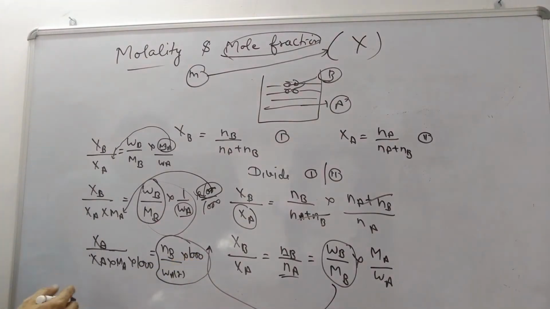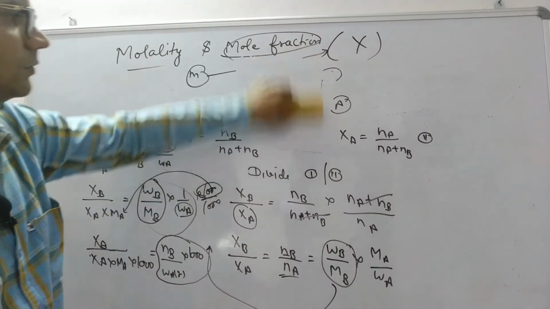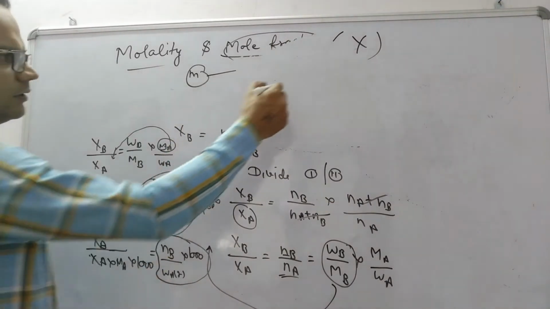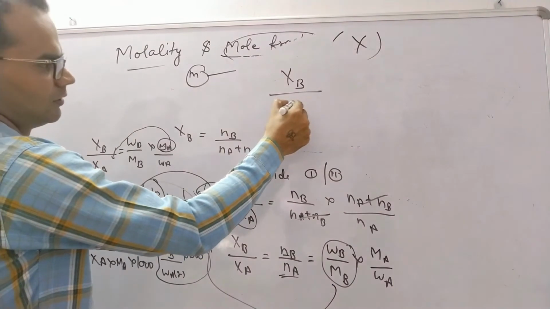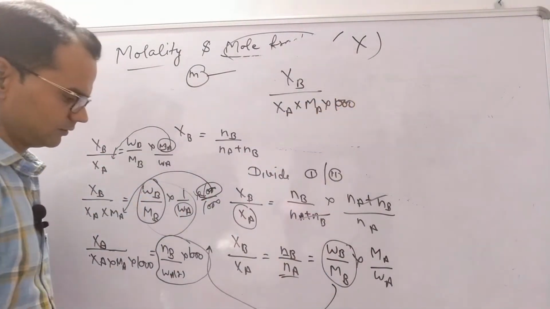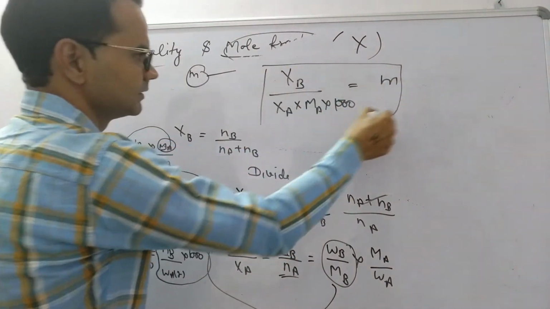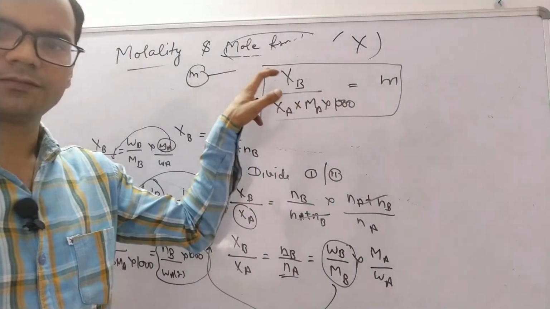So the final conclusion is Xb by Xa into Ma into 1000 equals molality. This is the relation between molality and mole fraction.